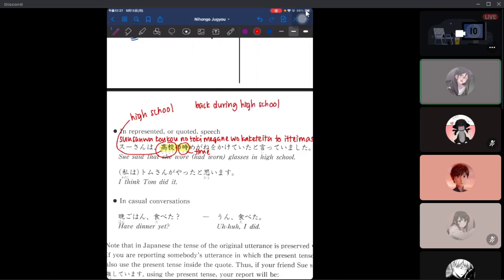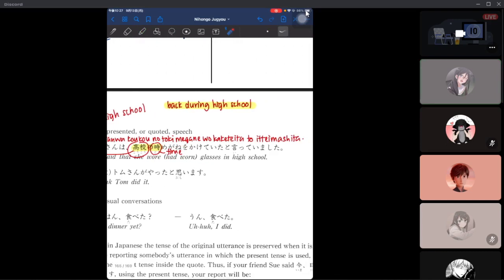This 時 represents a moment back then, basically.